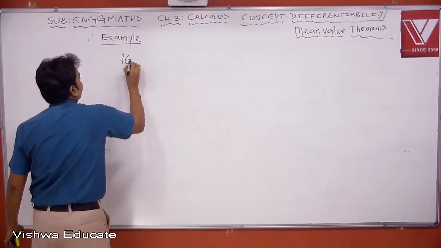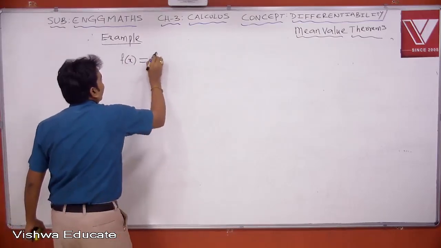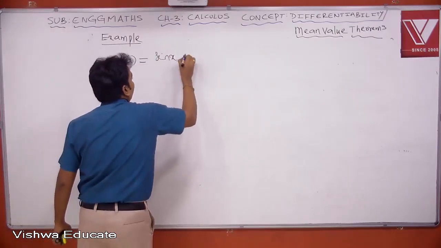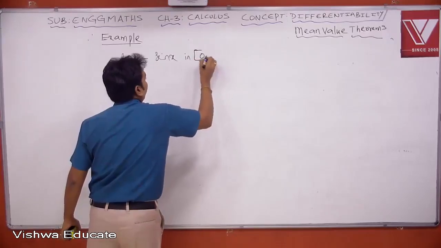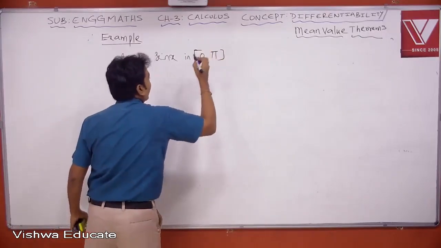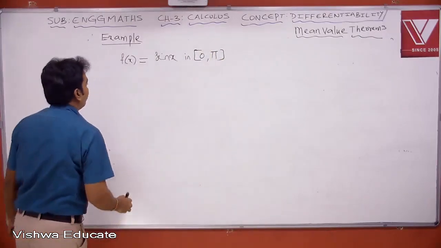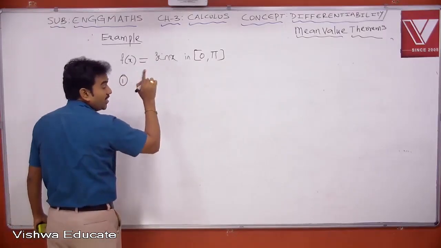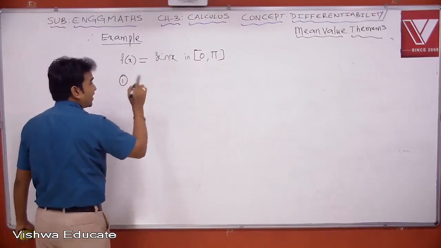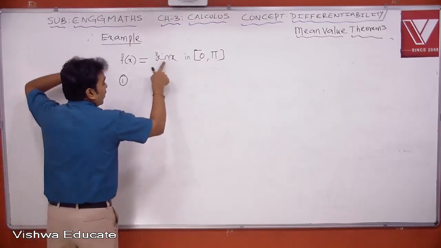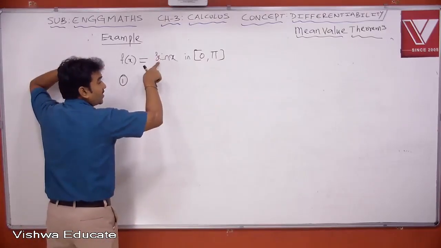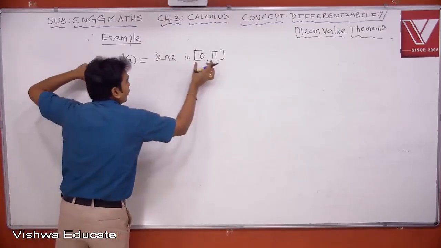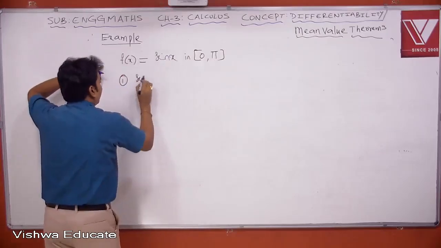So here f of x is sin x in closed interval 0 comma pi. Now let us verify Rolle's mean value theorem in this. We know that all trigonometric functions, particularly sine and cos, we should not take tan, cot, etc., are continuous in closed interval a comma b.